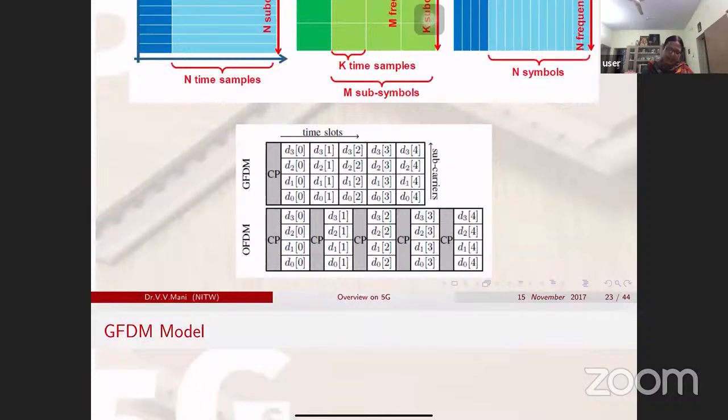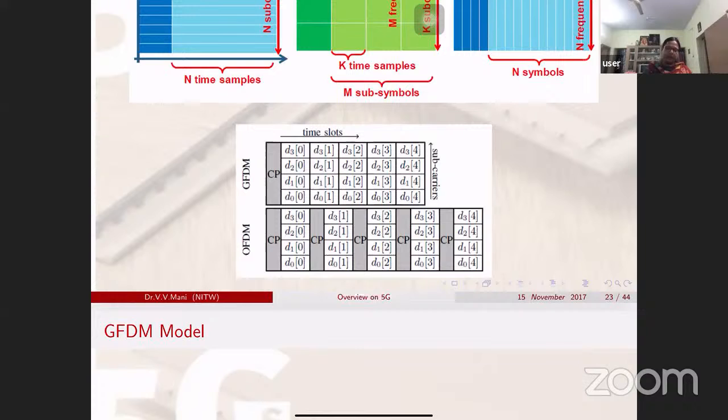Then at the next time interval, again 4 data samples and a cyclic prefix. As the data stream comes in, I take serial to parallel conversion and map accordingly. After mapping, I port onto the N-point FFT, here maybe capital N equal to 4-point FFT. After that, I additionally add a cyclic prefix.